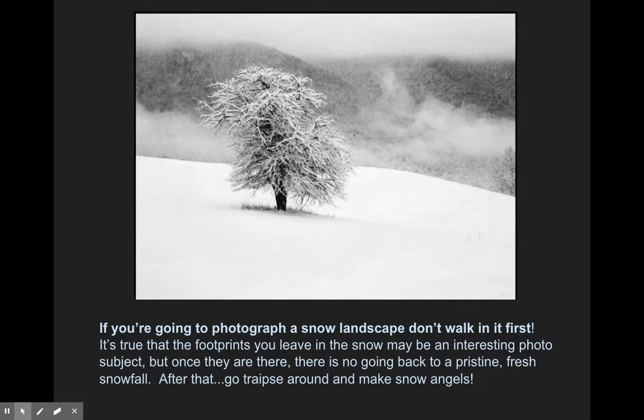Another thought, if you wanted to capture this pristine snow on the ground, I would think about getting out there early before it's traipsed on. Just a thought. But again, if you took this tree out, I say that, but I feel like this rolling hill and the fog, it's a beautiful image.